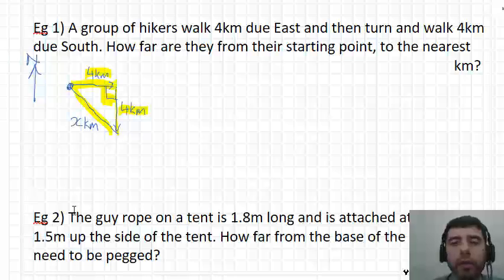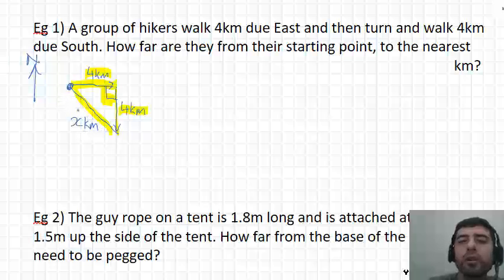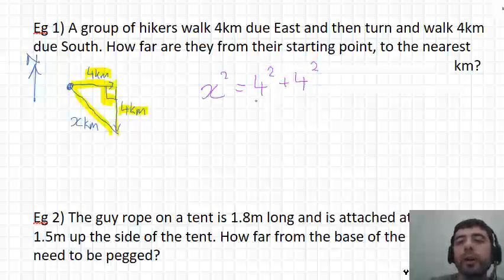So what do we do? How do we do Pythagoras' theorem? Same as we always do. We write out what we know. I know that this is the longest side, so I know that x squared is equal to 4 squared plus 4 squared. 4 squared and 4 squared is 2 lots of 16, which is 32.